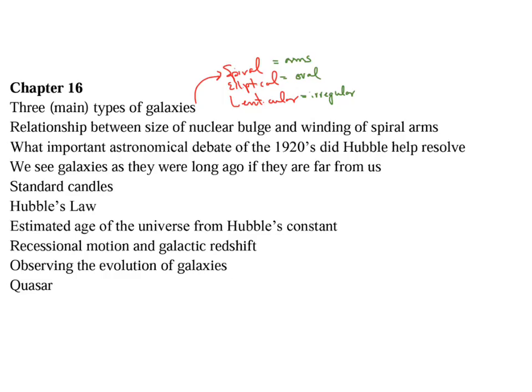Lenticular are kind of irregular shapes, a little disorganized, I think. We talked about how if you have a spiral or a barred spiral, the more tightly wound the arms, the fluffier or thicker the nuclear bulge is. If the arms are nice and loose, then the bulge is thin.